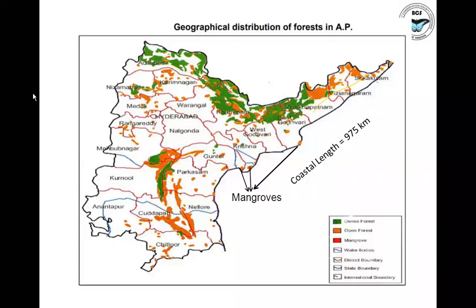And here in the Krishna district and Godavari district, where the rivers Krishna and Godavari meet the sea, there are mangrove forests which are highly biodiverse. And the coast length is 975 kilometers.